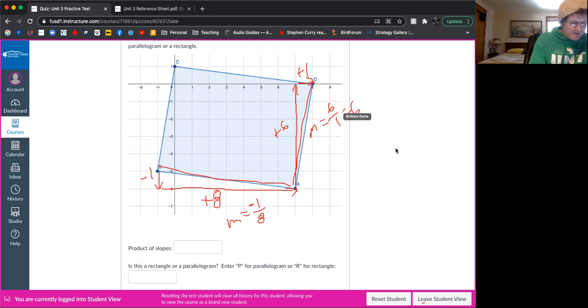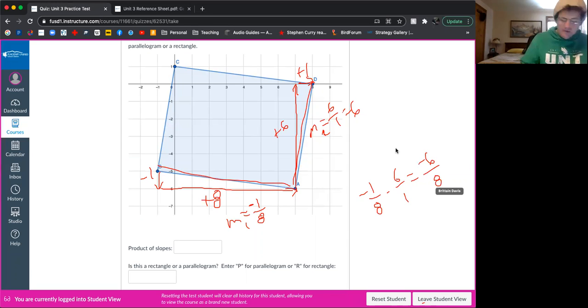So now I can multiply these together. This would be your work. I'm running through the actual process on this one. So I'm going to take my two slopes. If I call this m sub 1 and m sub 2, then that would be -1/8 times 6/1, which gives me -6/8.